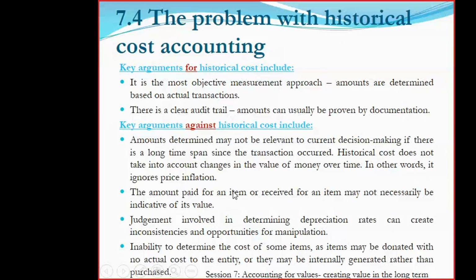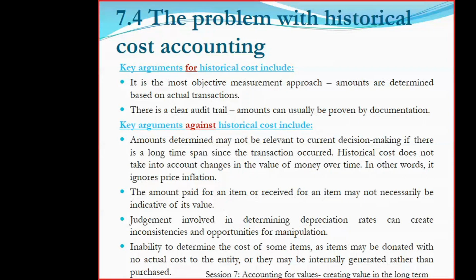Now, just like any other issues in business, each method has its own positives and negatives. So we have arguments for and we have arguments against each way, all right?